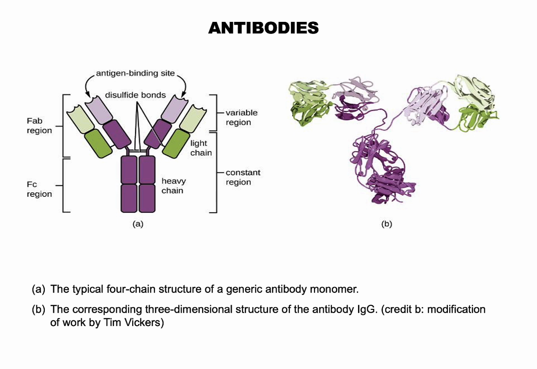The constant region of the antibody molecule includes the trunk of the Y and the lower portion of each arm of the Y. The trunk of the Y is also known as the Fc region, for fragment of crystallization, and is the site of complement factor binding and binding to phagocytic cells during antibody-mediated opsonization.